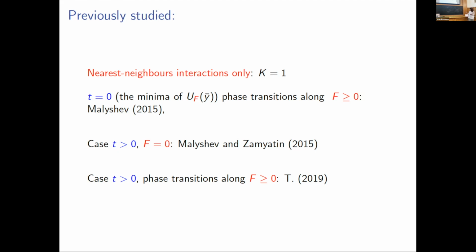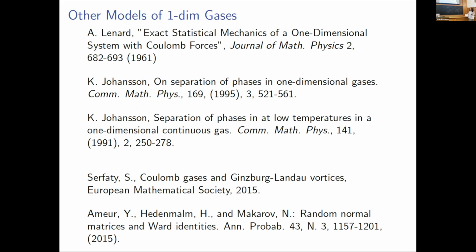And then for arbitrary f, I was working also on that. But now we will look also into something else. In general, of course, this model is very well known, so these are just some related papers.